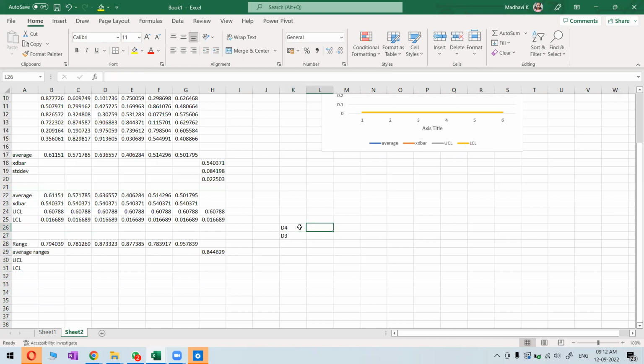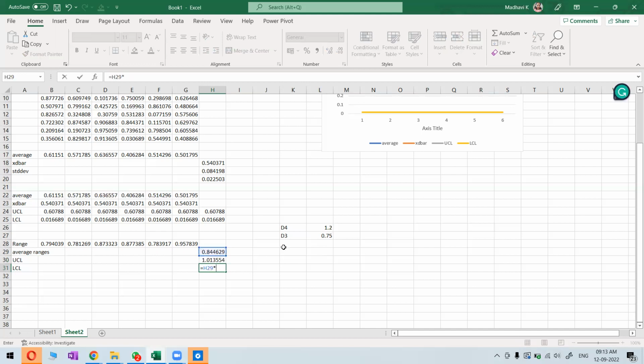For D4, I'm just assuming hypothetically the value is 1.2, since the upper control limit has to be above the average, and for D3, the lower control limit, I'm just considering 0.75. These are just random values I'm taking, but these would be given to us. So UCL is going to be R bar multiplied by D4, and LCL is going to be R bar multiplied by D3.